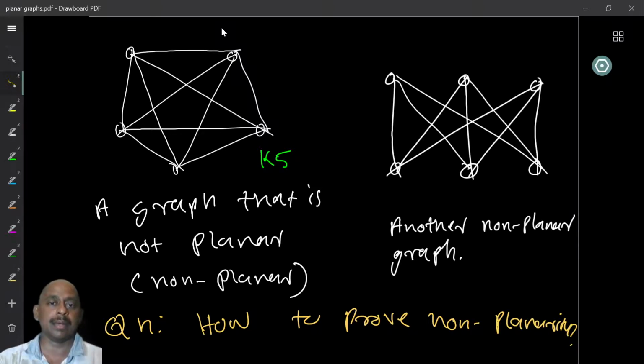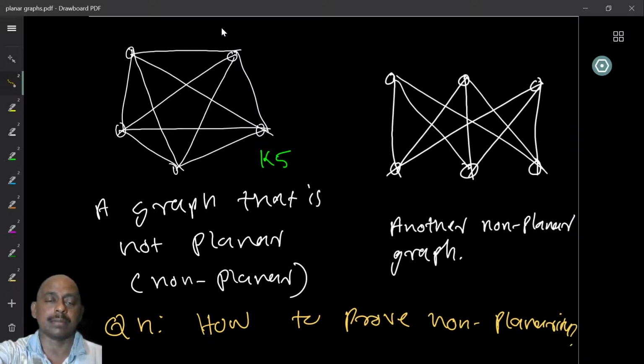Because as I showed you before, you have this graph K4, where we saw that there is an embedding where the edges cross, but the graph is still planar, right? So showing me 10 different drawings and saying that none of these drawings are planar embeddings is not a proof that the graph itself is not planar. Right?